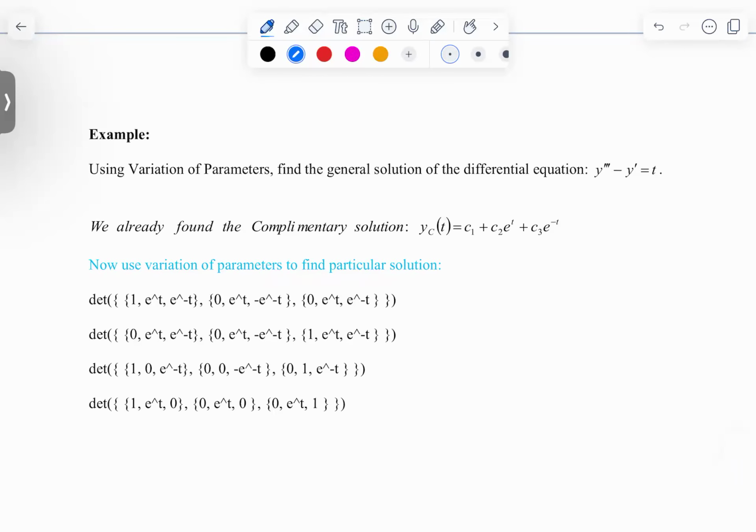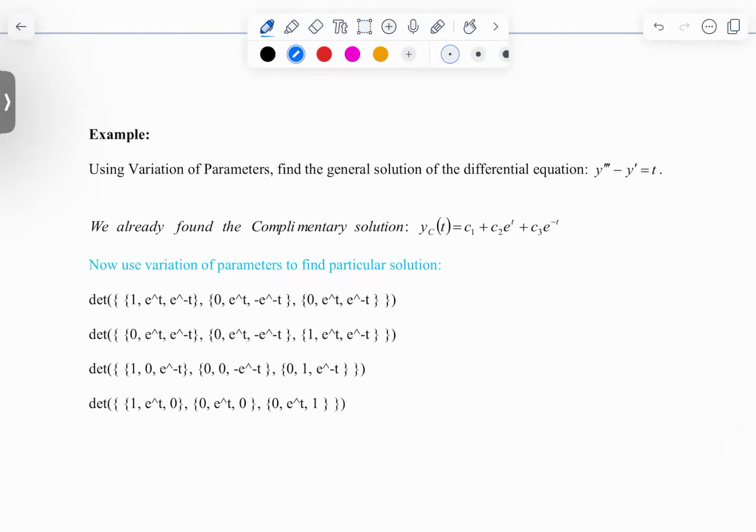Since we're doing a bunch of Wronskians, which is a bunch of determinants, it is helpful to use Wolfram. I have the code that I used for this one, but it is exactly just doing determinants. I'm not even going to plug it in because you can see it when you plug it in.